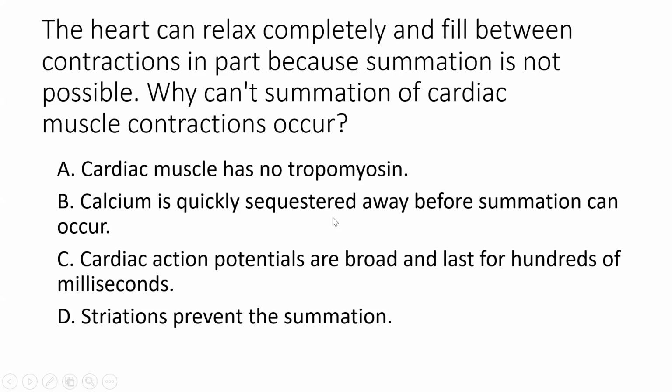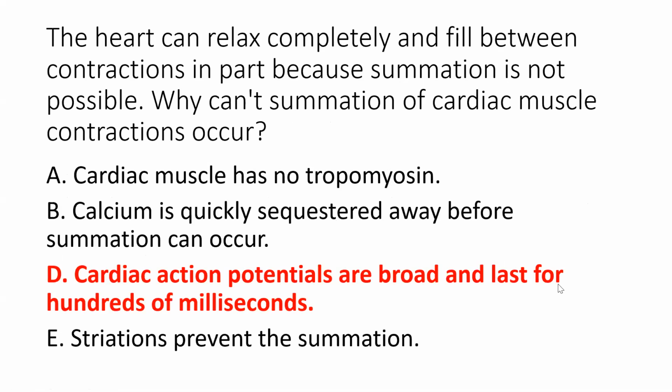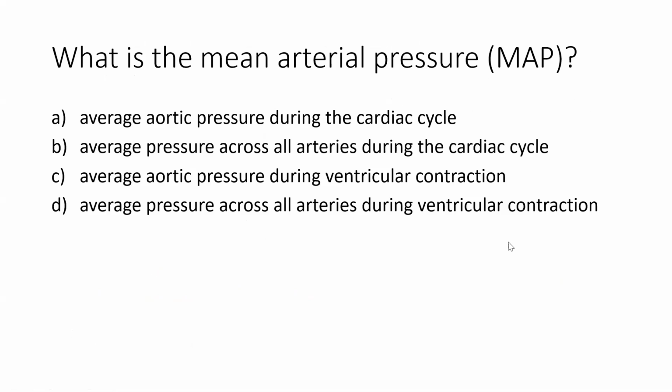So the answer here would have been C. Okay. Let's see, we can rule out A because cardiac muscle does have tropomyosin. Calcium is quickly sequestered away before summation can occur. Okay, that's not correct. And then striations prevent summation, that's also not correct. All right, so the answer there was C. Let's look at another here.